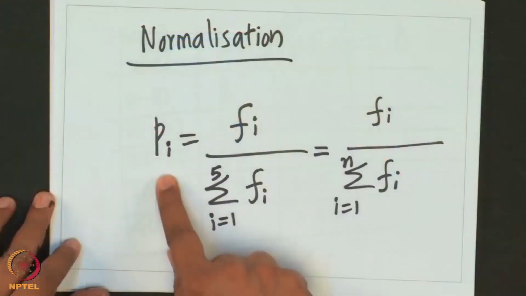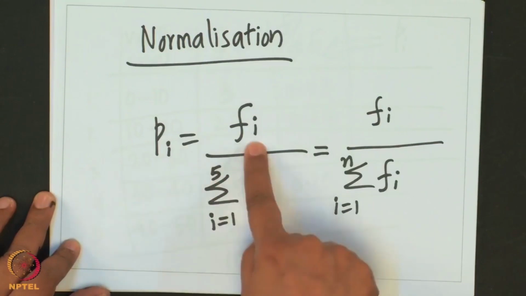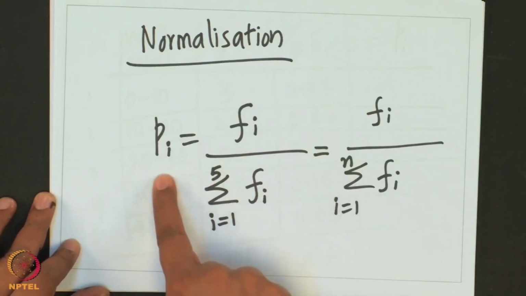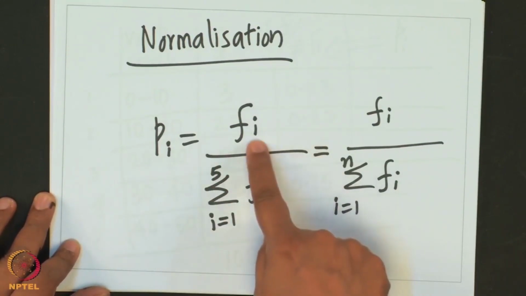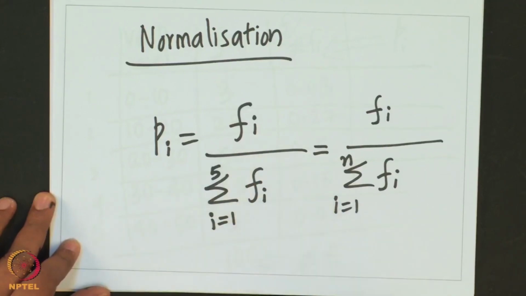So it is always good to plot Pi as opposed to Fi. Always good to plot Pi and not really Fi, because normalization is very important. Pi will have more meaning in the sense that we could interpret it more accurately. So I urge all of you to always plot Pi as much as possible and interpret things from Pi.